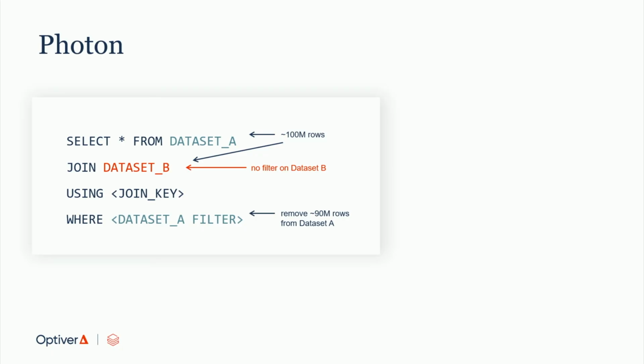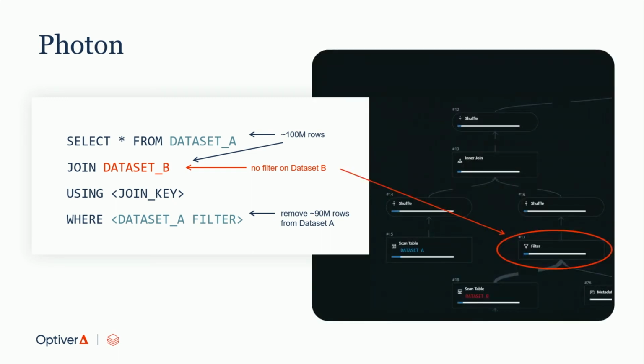Therefore, the join will only touch a small set of data on dataset B. So instead of scanning and shuffling the entirety of dataset B, Photon injects an implicit filter on it based on what it knows is needed after the joins.